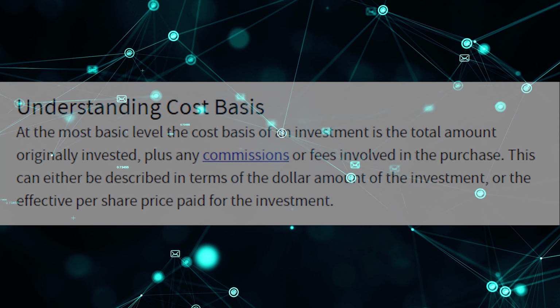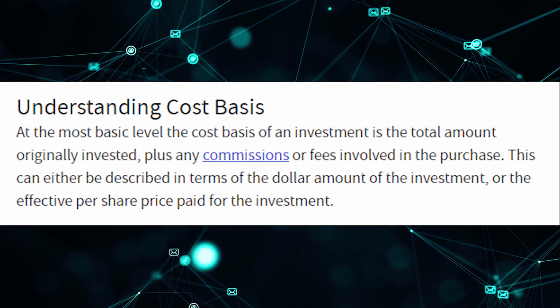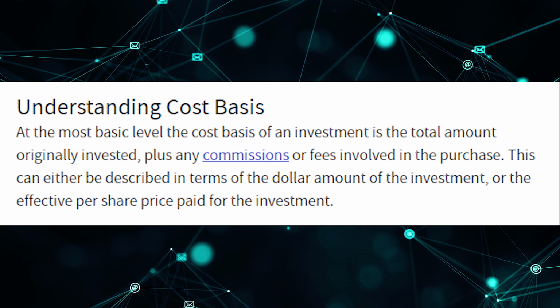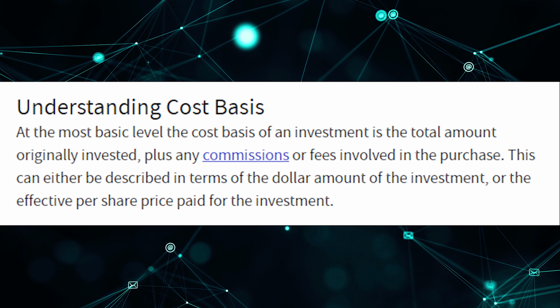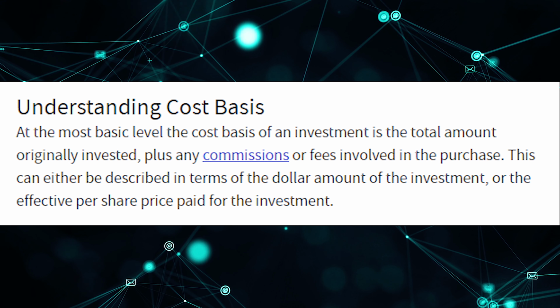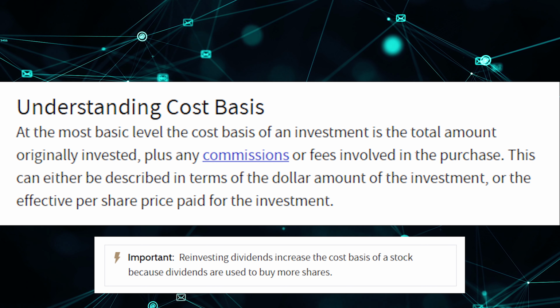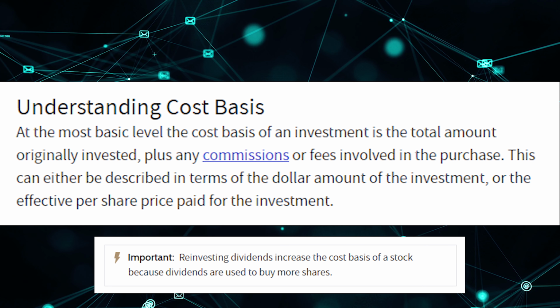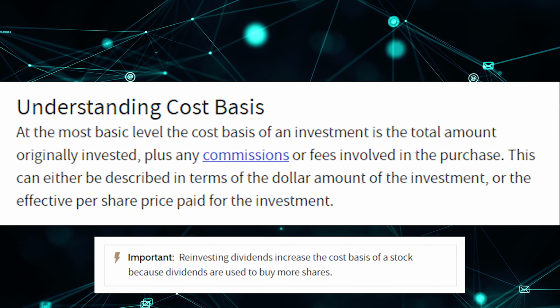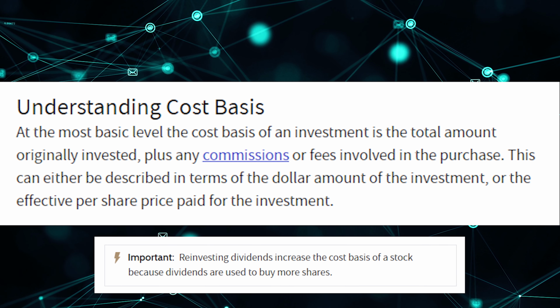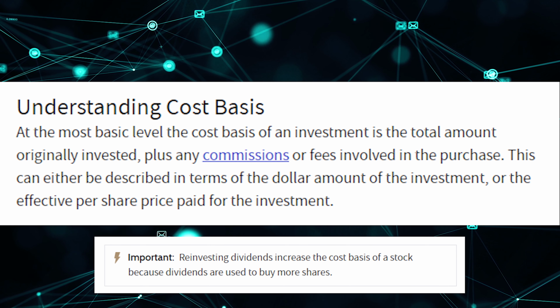Very simply, the total cost basis is the total amount of money that you've invested in a position. That includes the amount of cash that came from you, along with any dividends that were dripped. For example, let's say I decided to invest in a new stock position. We'll say that today I invested $100.